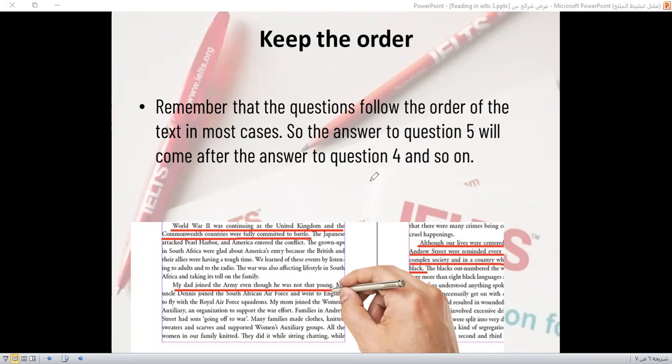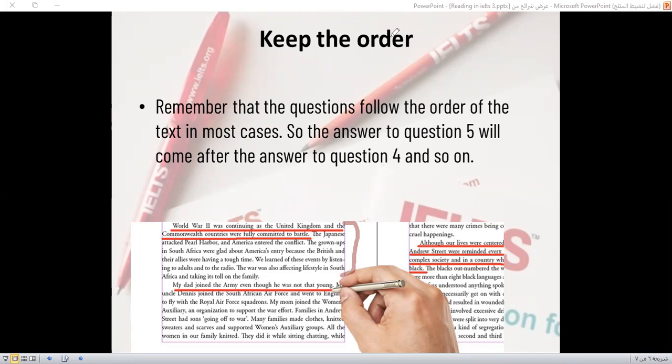Question number 1, you'll find it mostly in the first paragraph. And then question number 2, you'll find it in the next paragraph. So I will not find question number 6 at the beginning of paragraph 1. No, it won't happen. Yes, very good.